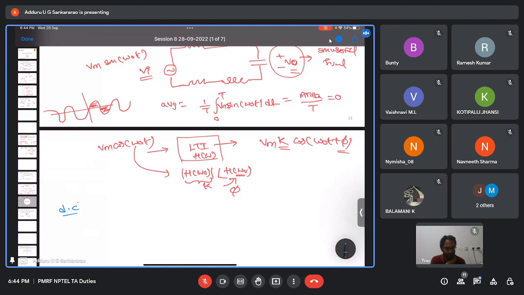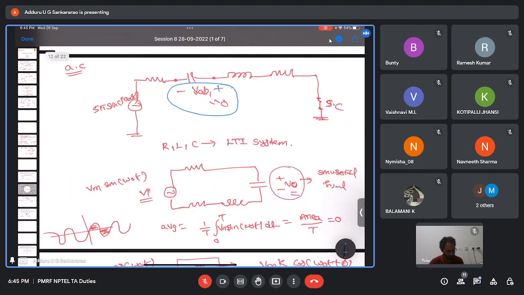At steady state, the capacitor acts as an open circuit and the inductor acts as a short circuit, and the resistor remains as it is, not affected.